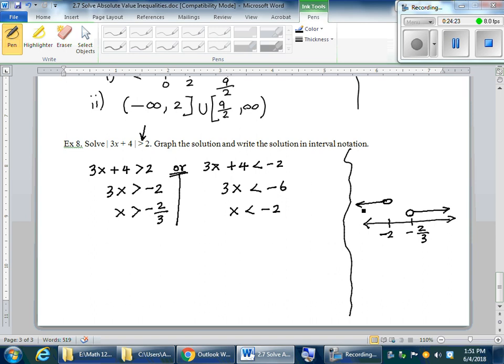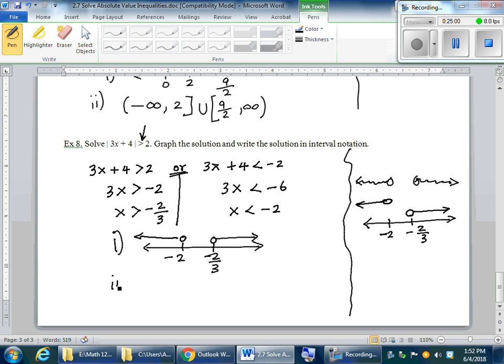So my answer is "or," so we are combining these two solutions together, right? We want all the solution from here, so that will be this portion and this portion. So my final answer will be from negative 2 and negative 2 over 3, open circle, going in the directions, x is less than negative 2, so it will be going to the left direction.